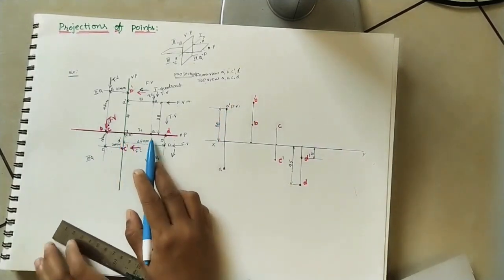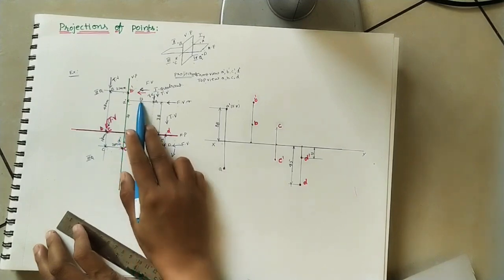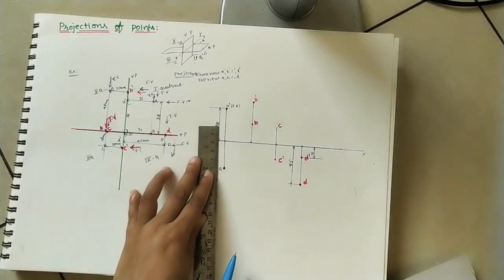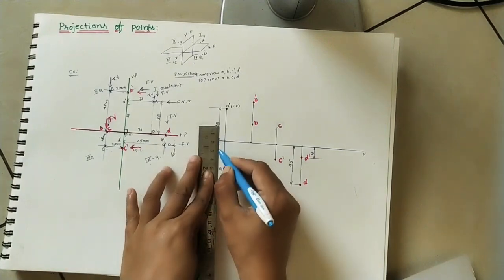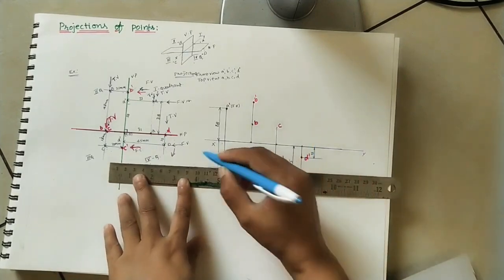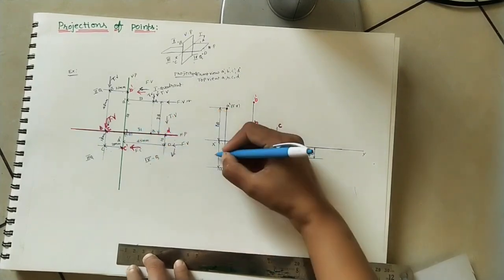And what about the A point? A is coming here, the top view. How much distance is it? 31. So A is 31. Just do the same extension line of this dimension line, and here mark 31.